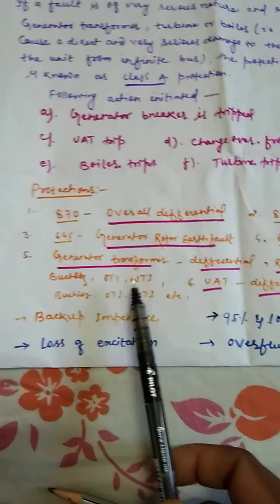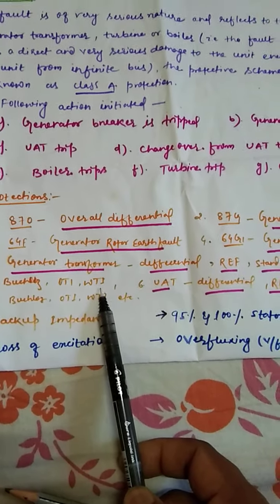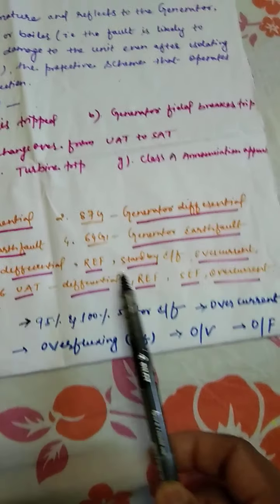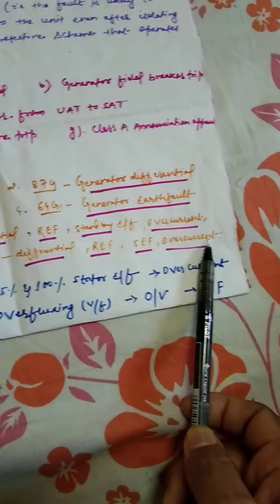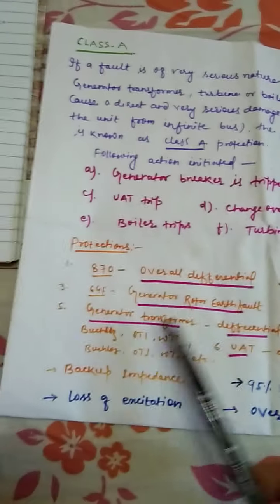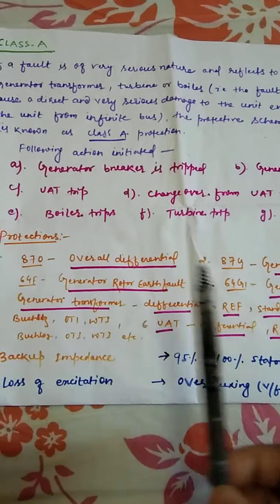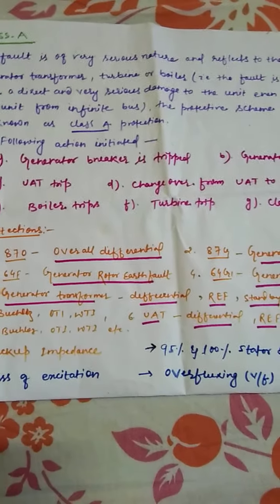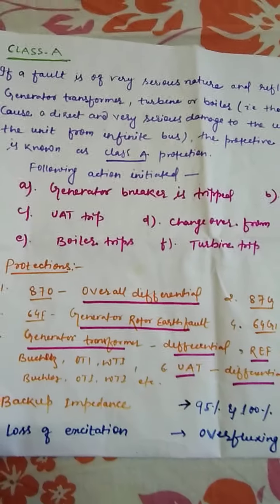Overcurrent. Buchholz, OTI, WTI, all the protections related to the generator transformer. UAT differential, REF, SEF, overcurrent. Since the UAT is connected with the generator, we need to isolate the UAT too, and we need to isolate the generator transformer.